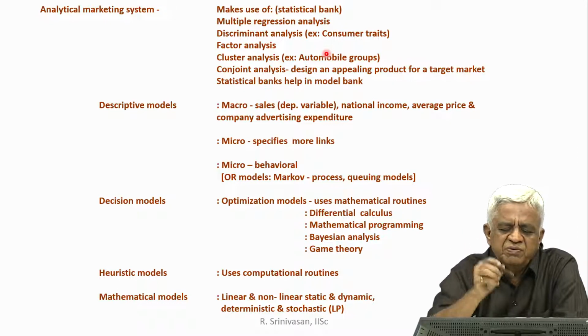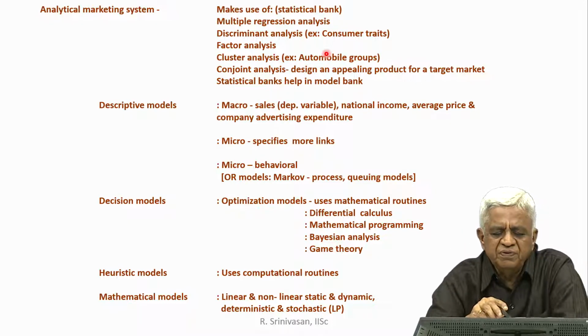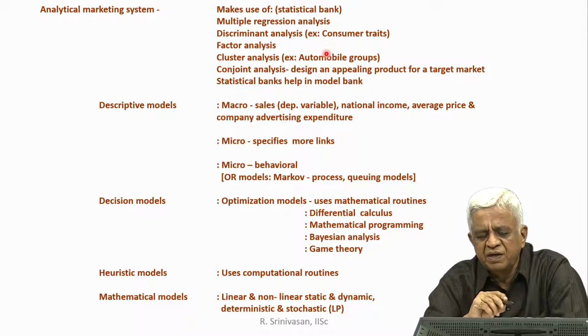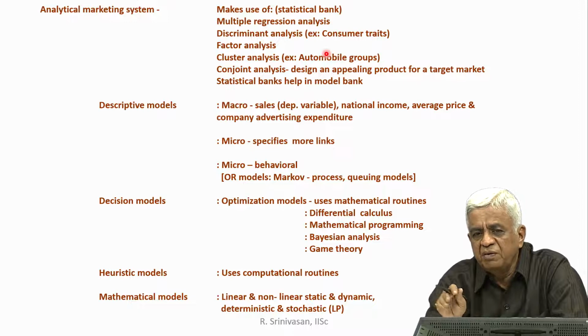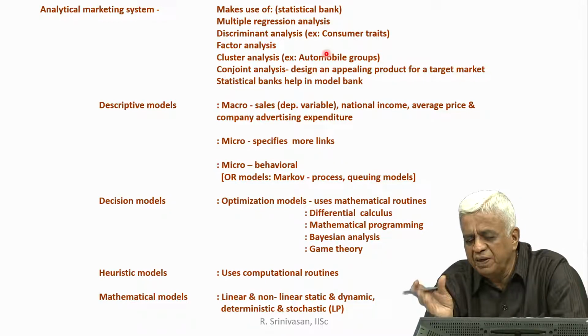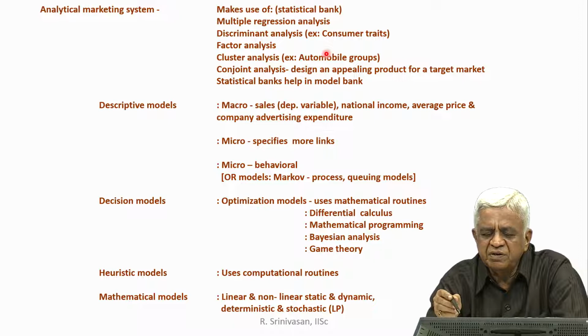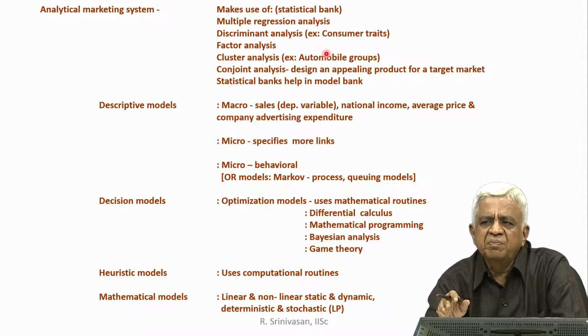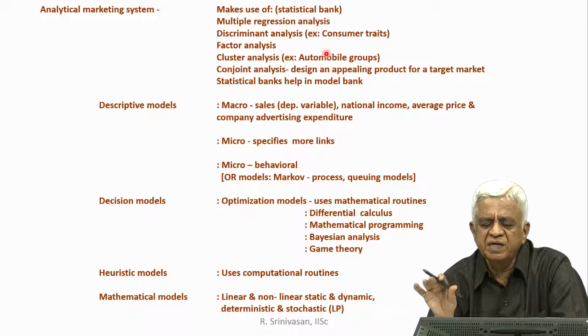Then the next one which we make use of is what is called a conjoint analysis. What do we mean by a conjoint analysis? We look at designing an appealing product for a target market. We do not want to come out with a product just for the sake of coming out.